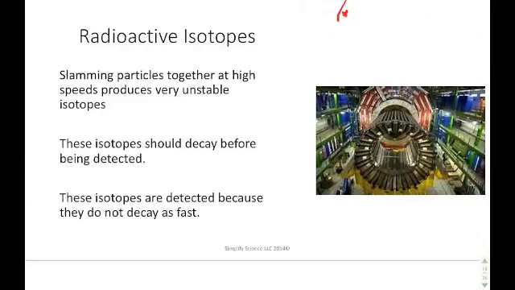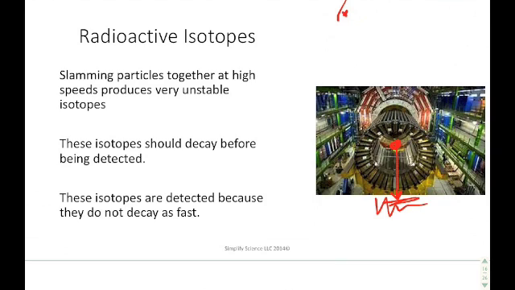Now, there is other evidence. There are radioactive isotopes. Whenever we slam particles together using a super collider like we have here in CERN, it produces very unstable isotopes. These unstable isotopes are so unstable that whenever the collision occurs right here, they should decay before they get to here. In other words, they have such a small half-life that they will fall apart before they can reach the detector.